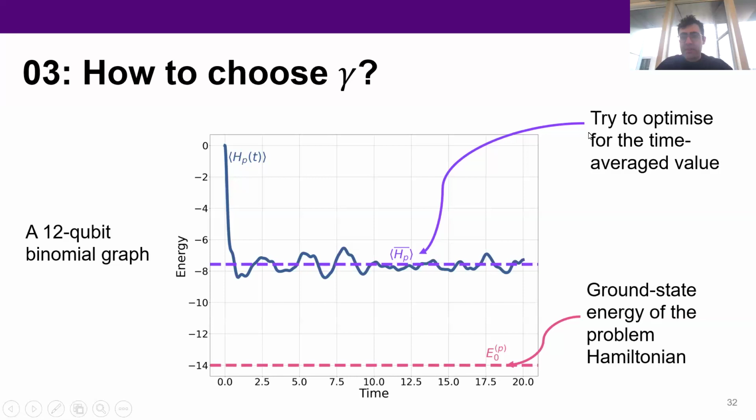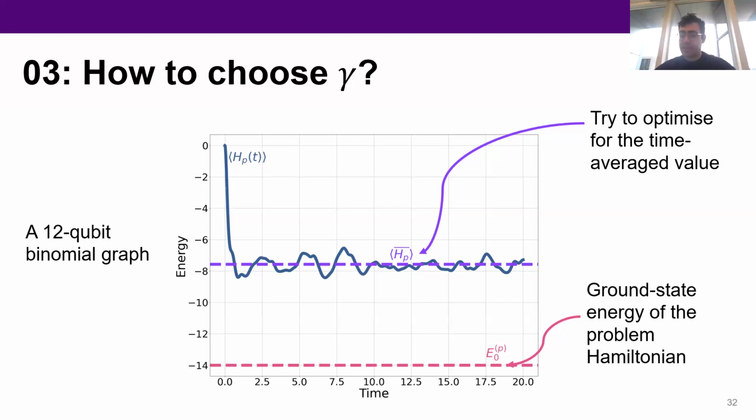So here I have a 12-qubit binomial graph again. The blue line shows the Schrödinger evolution of HP. The pink line shows the ground state energy of the problem Hamiltonian. Now, if the blue line representing the Schrödinger evolution had reached the pink line, it would have found the ground state exactly.